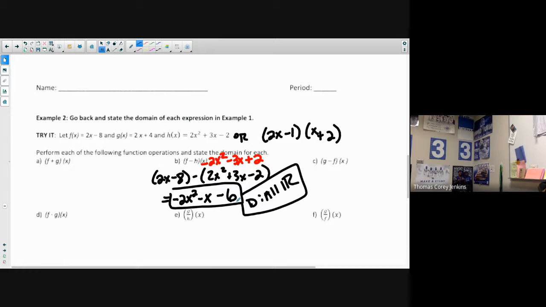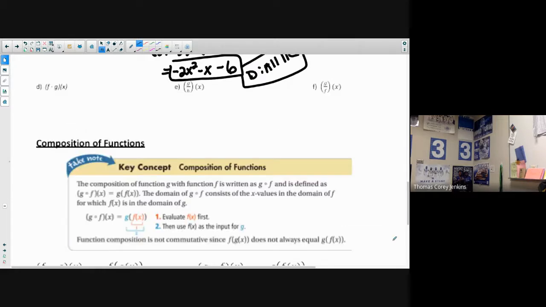All right, and so I also wanted to do f just because, actually let's do e. Let's do e, g of x over h of x. All right, so g of x is equivalent to the quantity 2x plus 4. H of x is equivalent to 2x squared plus 3x minus 2.